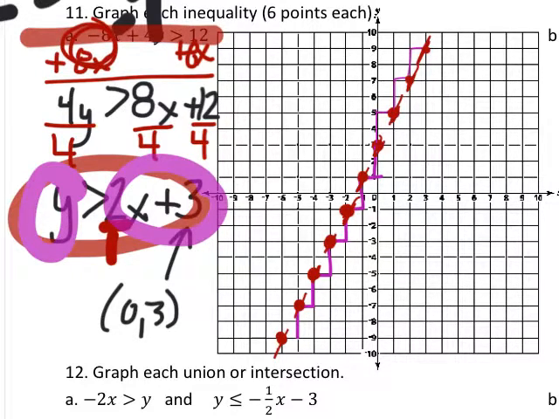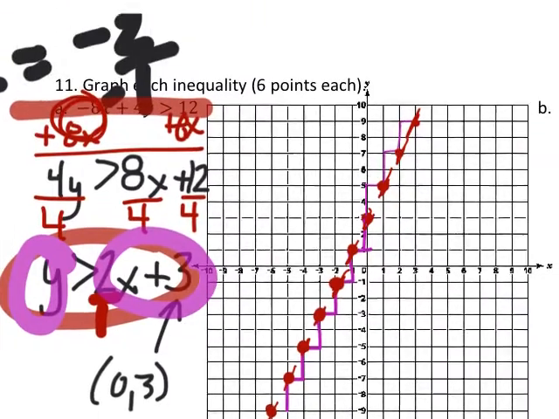And since we see that this line does not go through the origin, that's going to be the easiest point to use. Now, if this point gives us a true statement, then we'll shade the part of the graph that has that point. If it's false, then we'll shade the other side of the line.